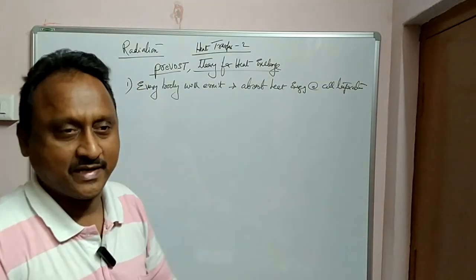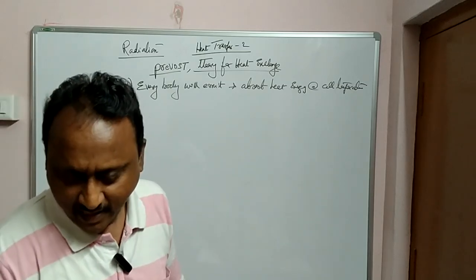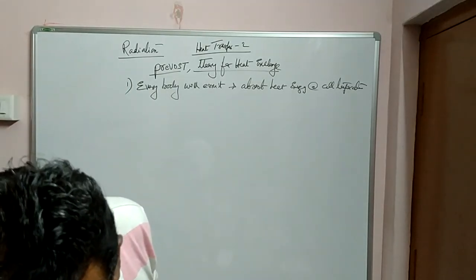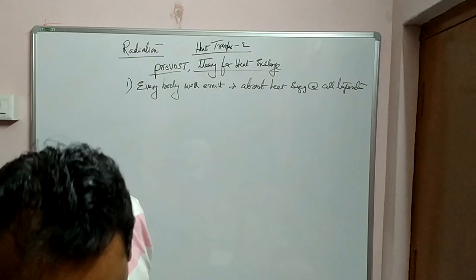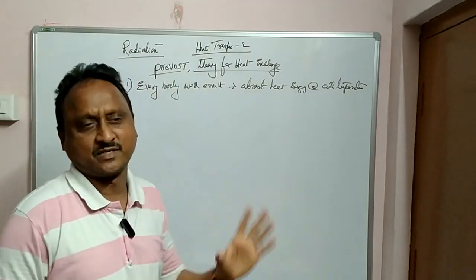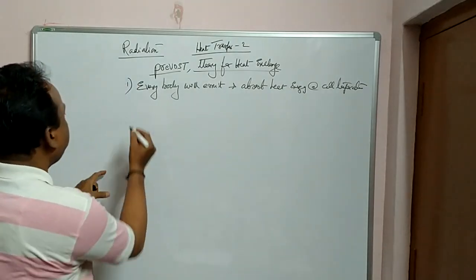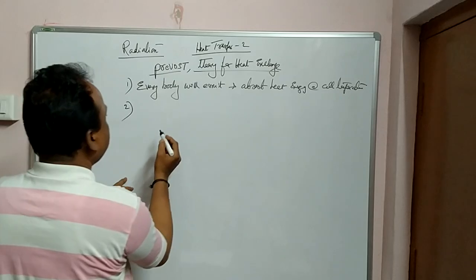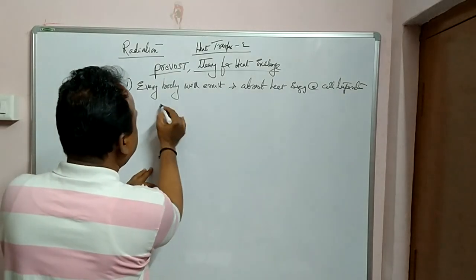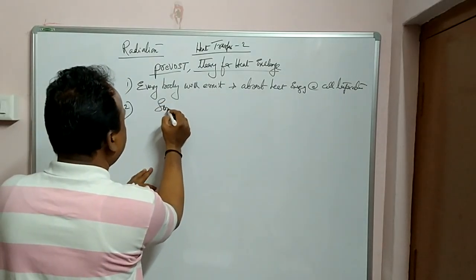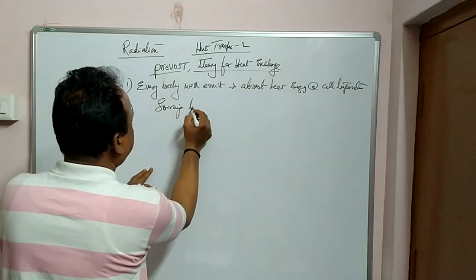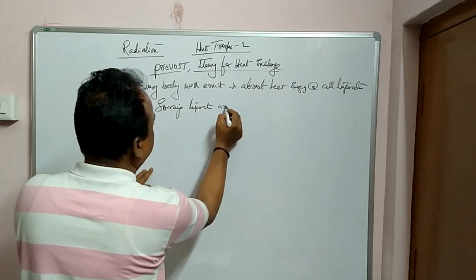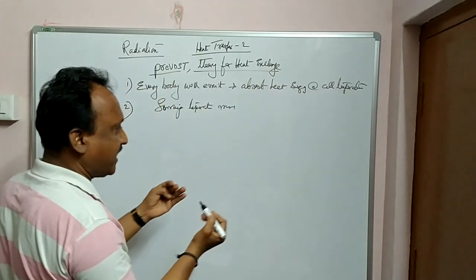At all temperatures. Okay, and he has given some more points, that is when the absorption and emission take place. For example, the surrounding temperature is more and the body temperature is less.